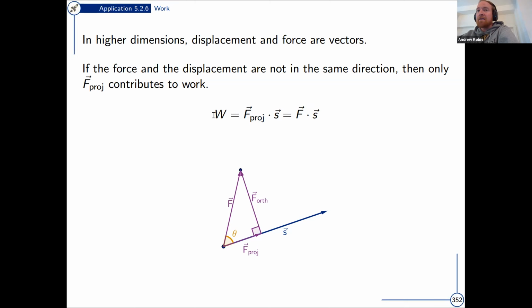So in any case, the work equals force times displacement formula with vectors in higher dimensions always looks like W equals F dotted with S.